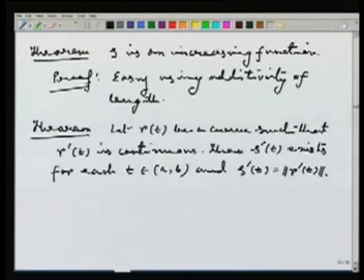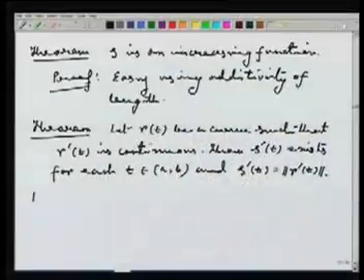Not only differentiable, I can explicitly calculate the derivative also in terms of r prime. Remember, r prime t means x prime t comma y prime t. That is the derivatives of the component functions. That new vector valued function is called r prime t. Okay, so let's try to prove this result.